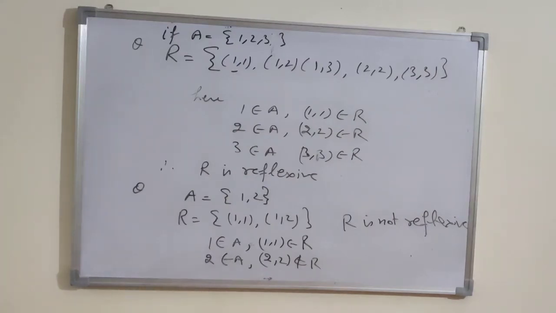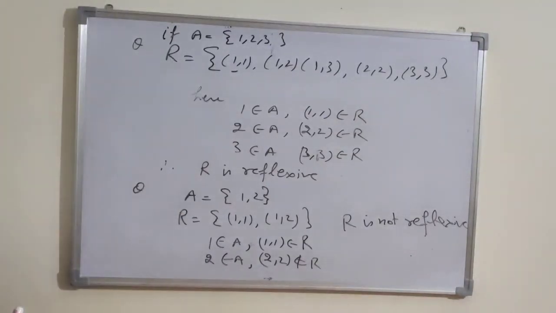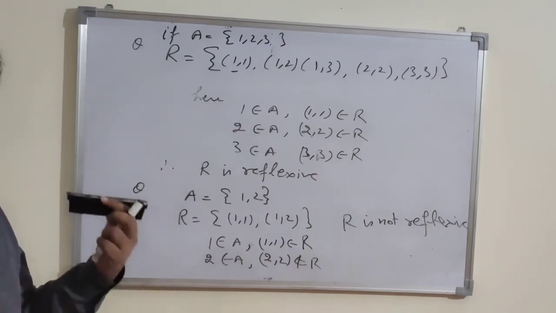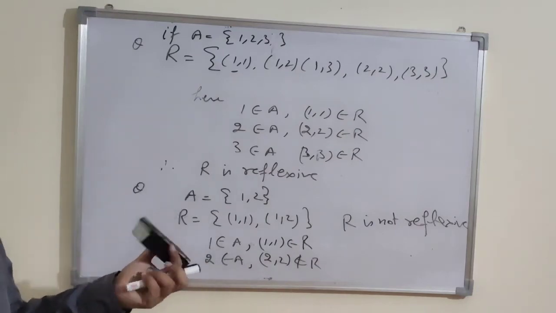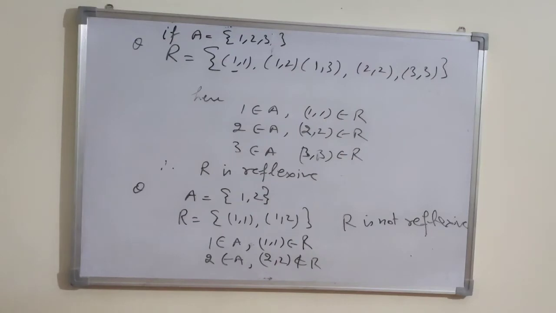Another example of reflexive relation is divide. 1 divided by 1, 2 divided by 2, these numbers are always divisible. So it is also a reflexive relation.